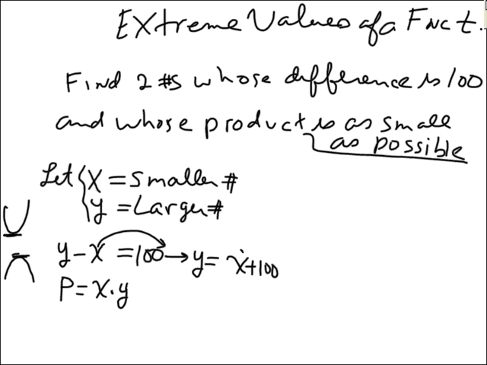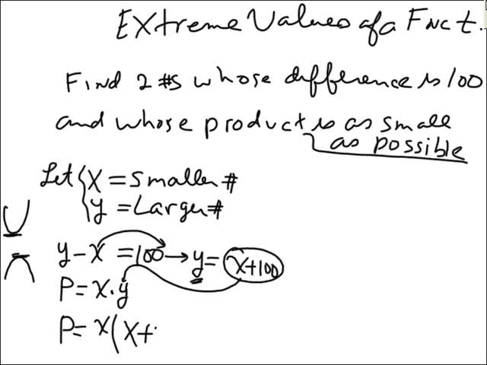I can take this new way of writing y and put it right there. So p is equal to x times y, which is x times (x plus 100). After distributing, you get x squared plus 100x.